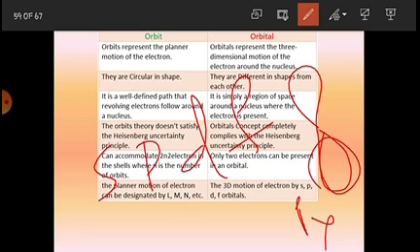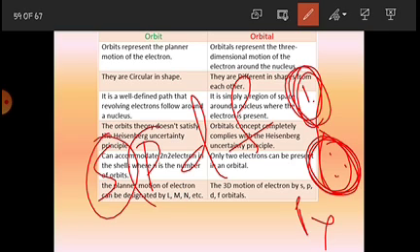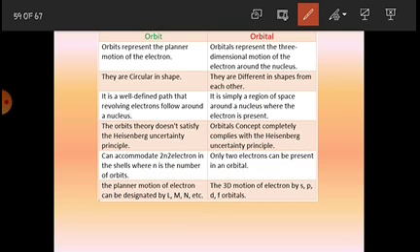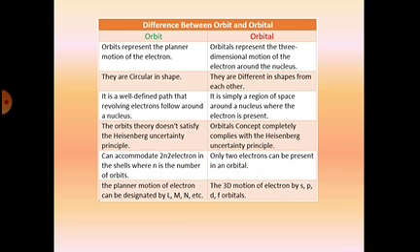This is the region where the electron is present. And each orbital is of a different shape. The s orbital is different from the p orbital, the p orbital is different from the d orbital, and the f orbital is also different in size. So each orbital is different from the others. An orbit is different. Have you understood? Fine.